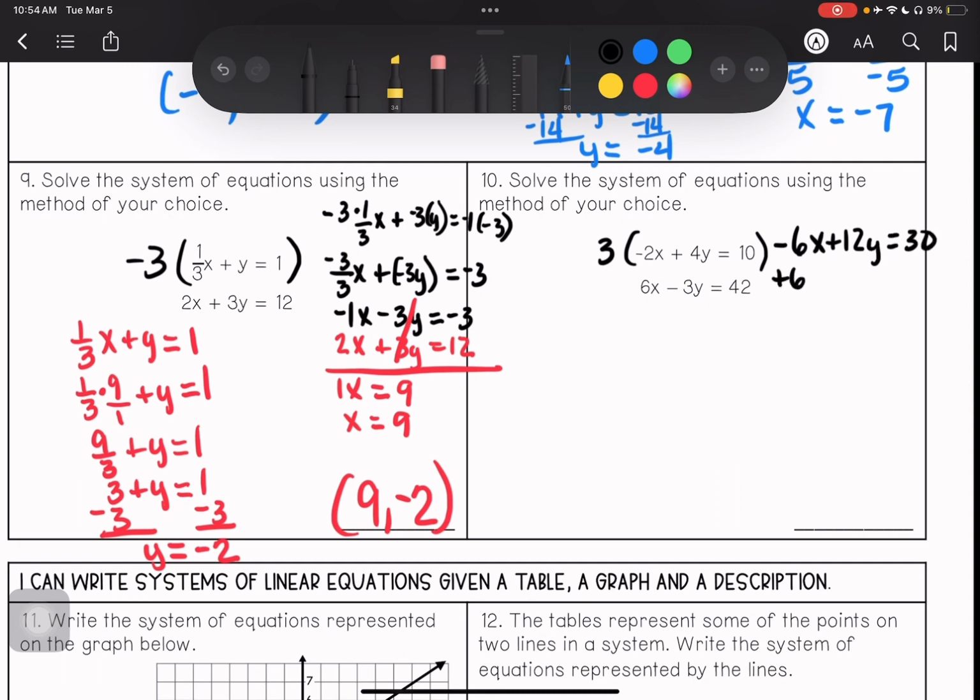And I'm going to add that to the second equation. And when I add vertically, the x's cancel, and it leaves me with 9y equals 75. Divide both sides by 9. My value for y is 8.